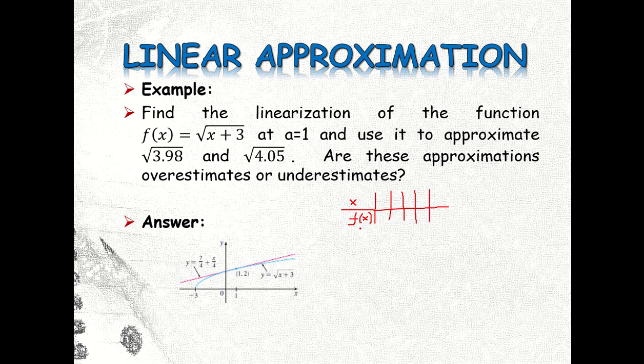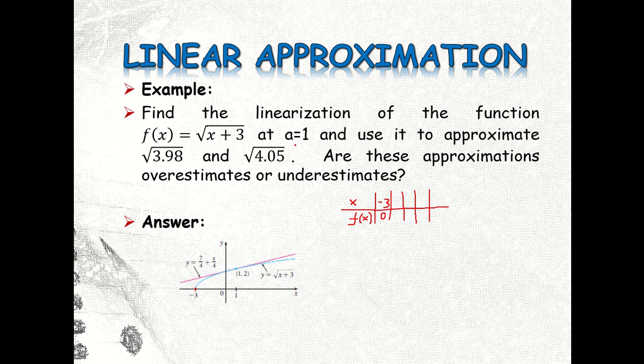Okay, so for example, here in this given we have minus 3, so when x equal to minus 3, we have f of x. So minus 3 plus 3 is 0, square root of 0 equal to 0. So that's why our first point is at this point here. At x equal to minus 3, we have f of x equal to 0.